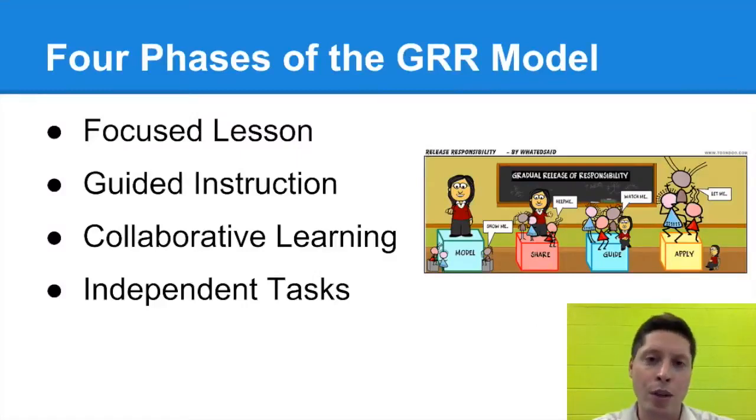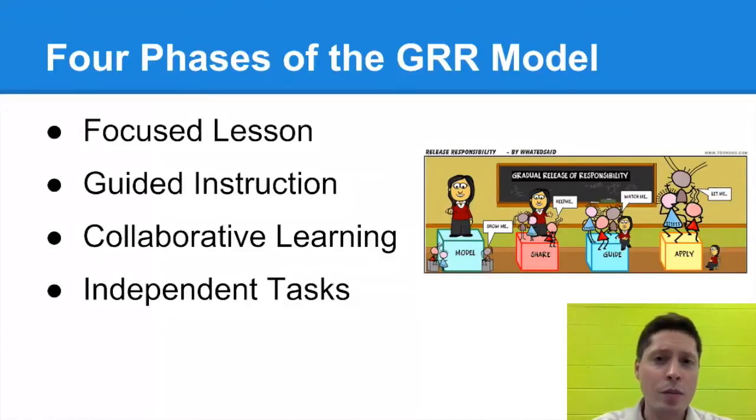So looking at those four different phases, we have focused lesson, guided instruction, collaborative learning, and independent tasks. And when looking at this image on the right-hand side, you can also see a visual representation of this, that the teacher goes from the deliverer of content, that sage on the stage, to the guide on the side, eventually to where students are applying what they've learned independently from the teacher.